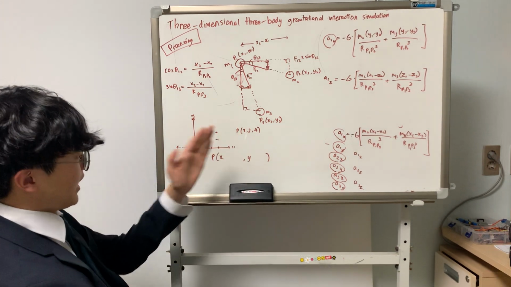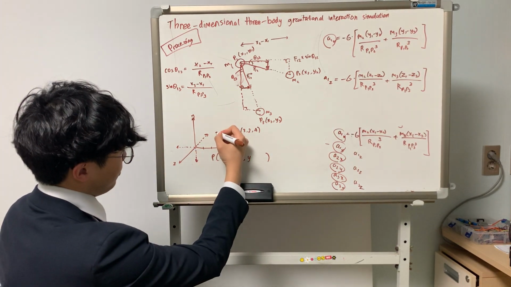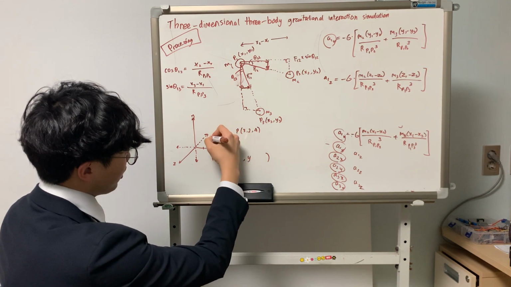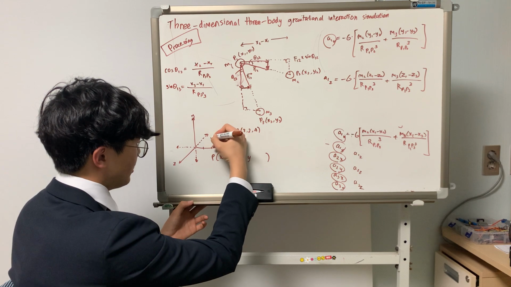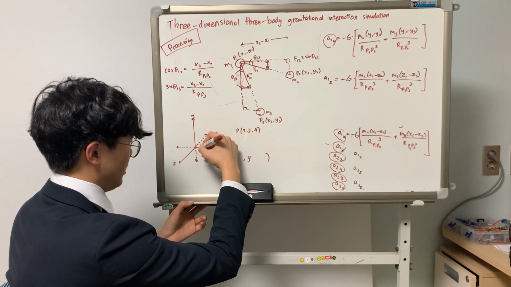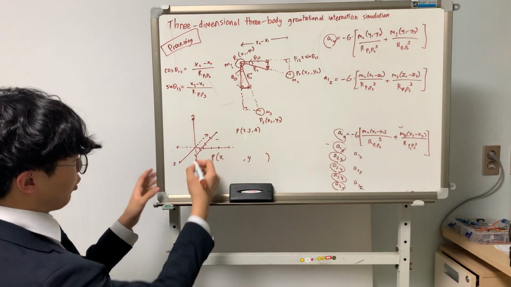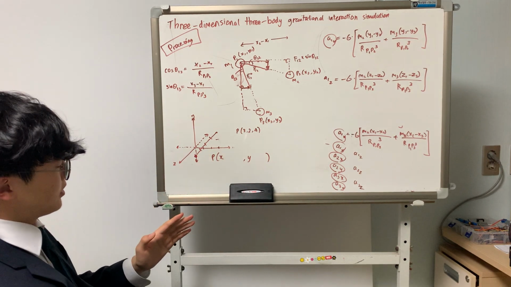But in the z direction, I'm going to go the same magnitude, 1, 1, 1, 1, four times. And then our point will actually be located here.